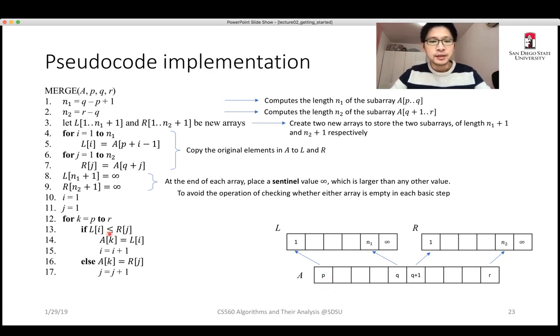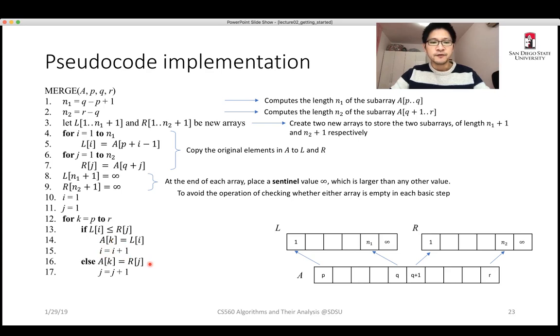And if the top element in L is smaller than the top element in R, then we copy the smaller element back to the corresponding position in A, and then we increment the index I by 1, because I is the index of the array L, right?